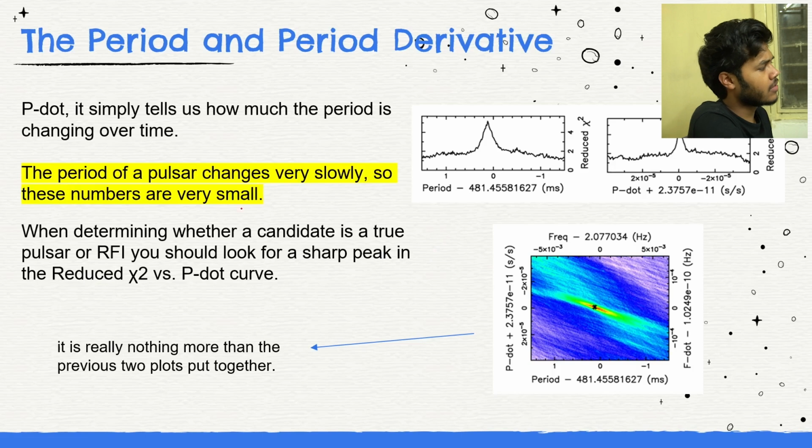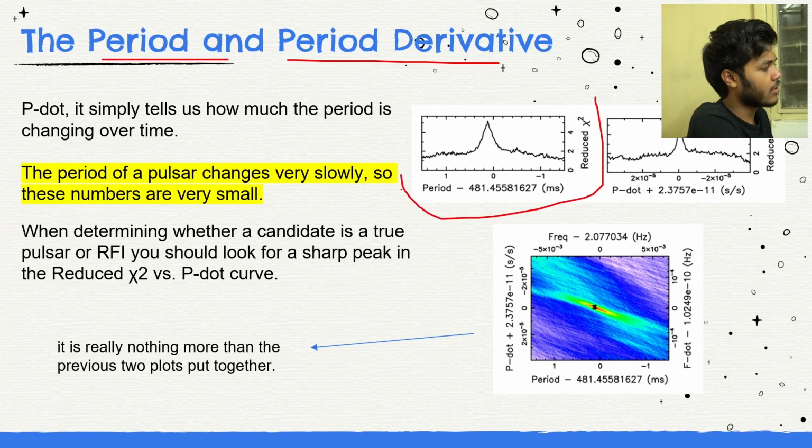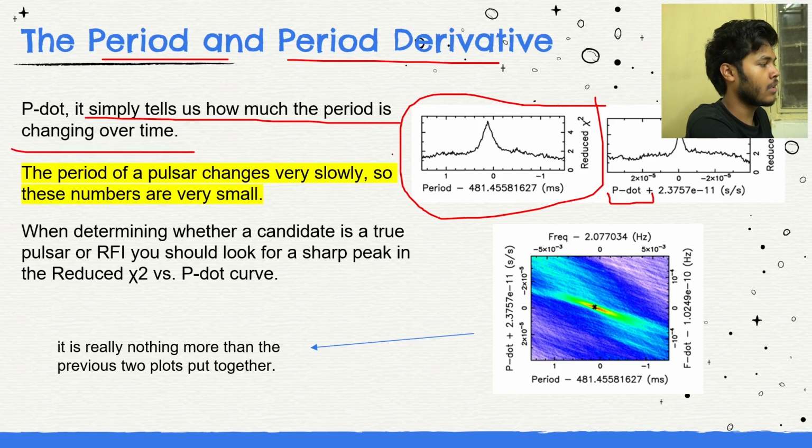So the next graph is of the period and period derivative. It gives us the same information. The period derivative simply tells us how much the period is changing over time, and the period of a pulsar changes very slowly.